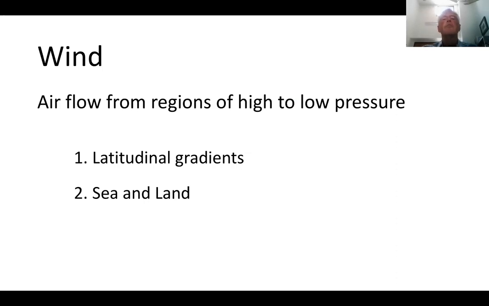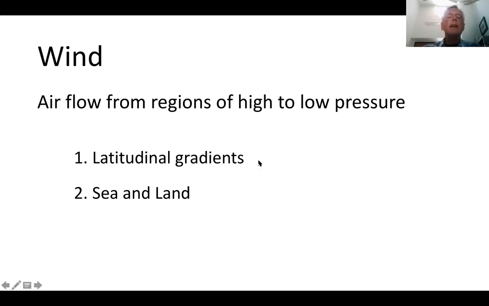So we have pressure that is low at the equator, high at the poles, and high in between. And this pressure gradient creates wind. Because you have a surface pressure gradient, the gas is going to move from areas of high pressure to areas of low pressure, and that's what generates our wind.